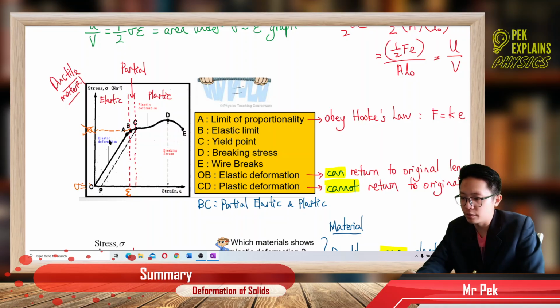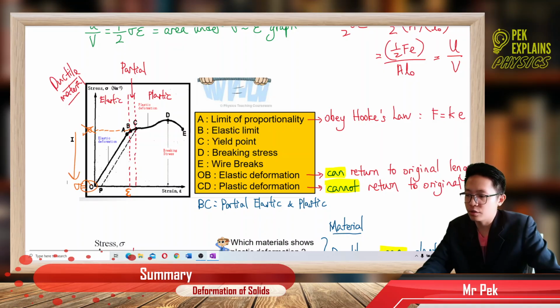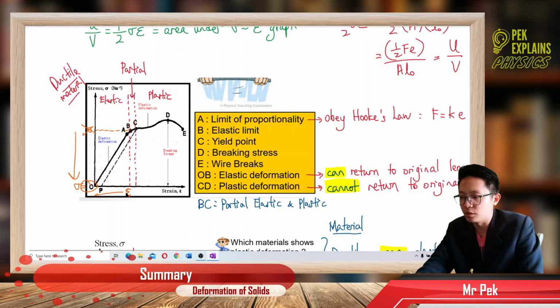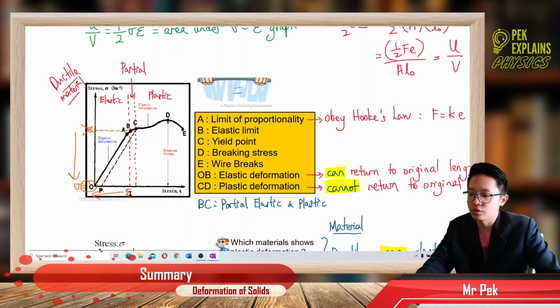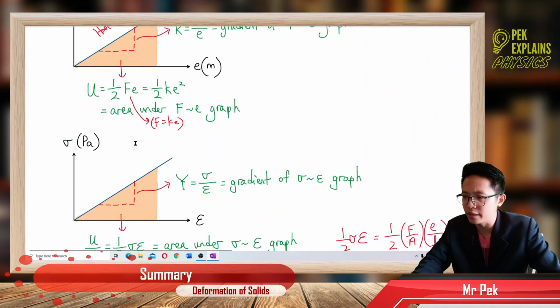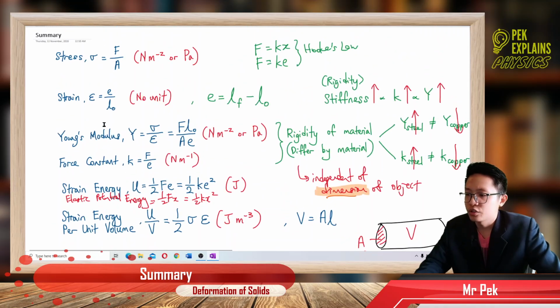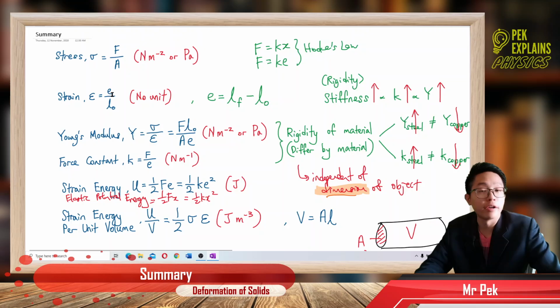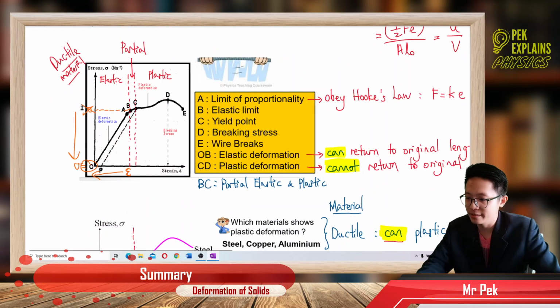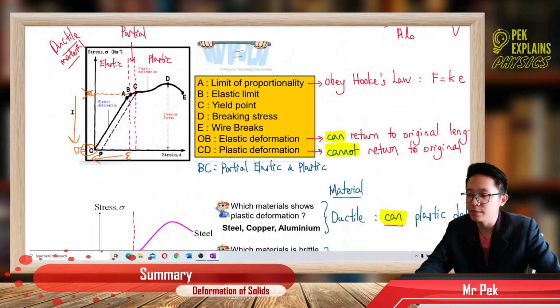The strain also will become zero again. That means no more elongation, because strain is actually based on elongation. When elongation becomes zero, strain becomes zero. Understand? So when the stress becomes zero, elongation will become zero.